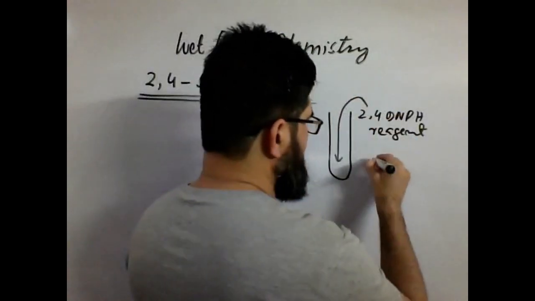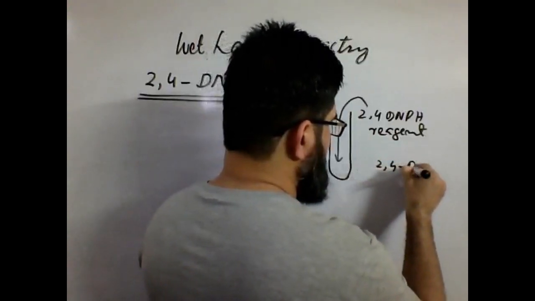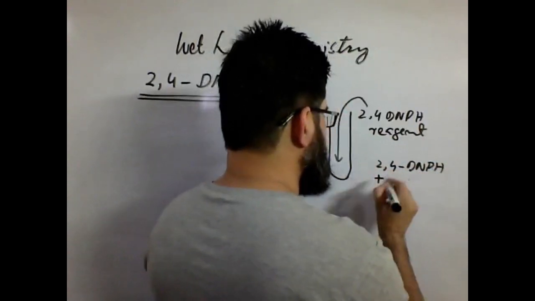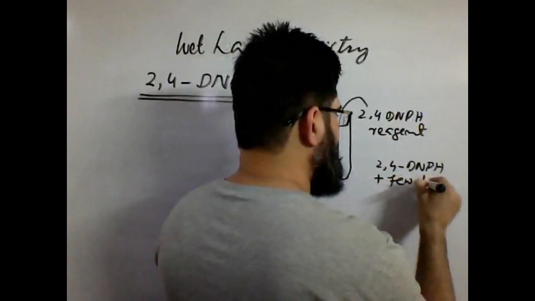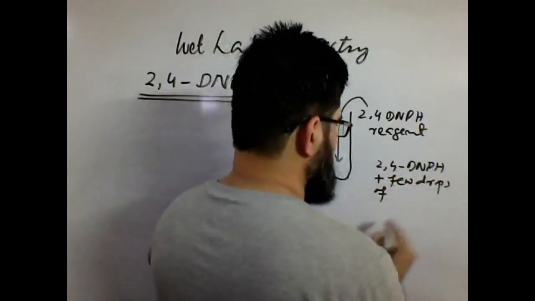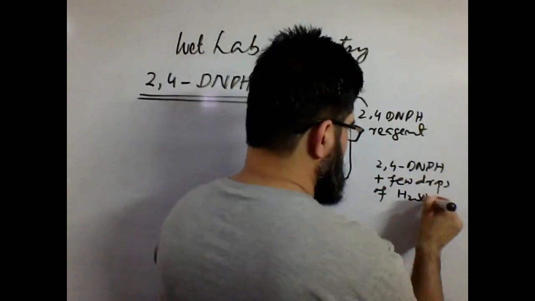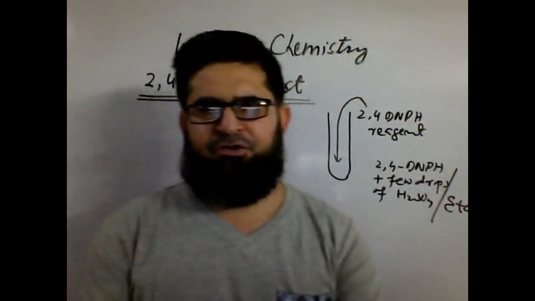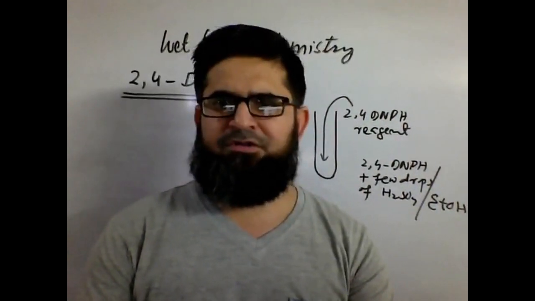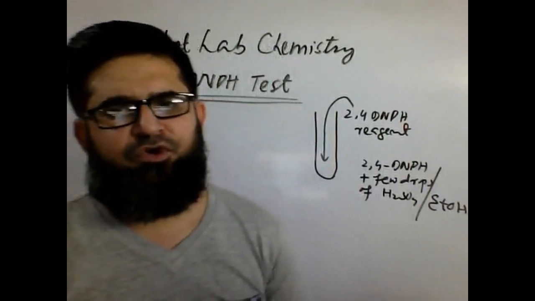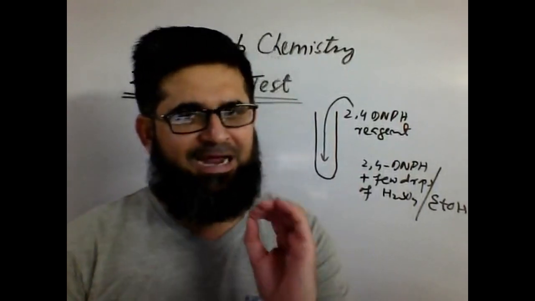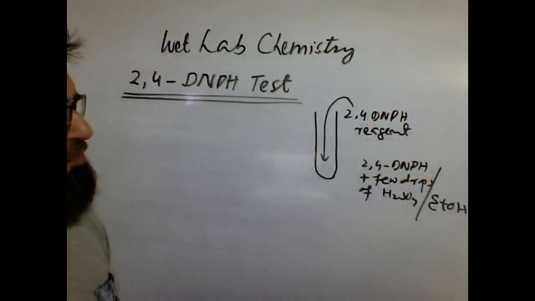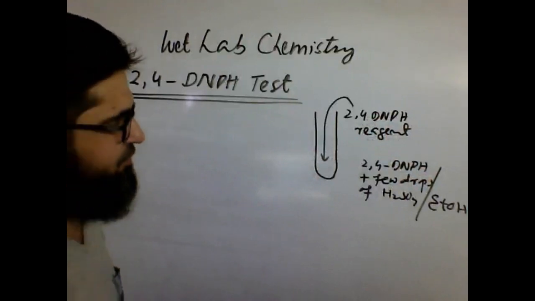It is 2,4-DNPH plus a few drops of sulfuric acid dissolved in ethanol. If you have dissolved the reagent in ethanol and a few drops of sulfuric acid have been added, that will be called the 2,4-DNPH reagent. You are supposed to pour that reagent into the test tube.